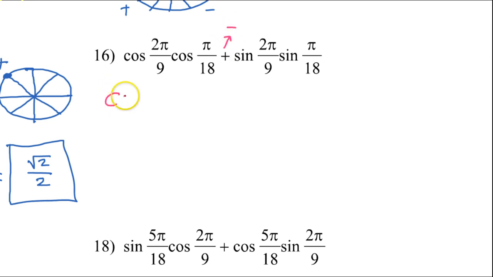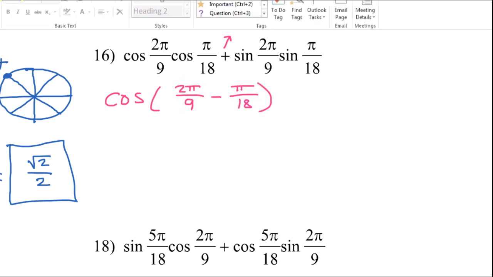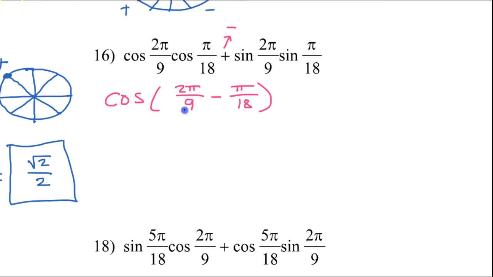So I should be able to rewrite this as the cosine of the first angle minus the second angle. So that'll be the cosine of 2 pi over 9 minus pi over 18. To do the subtraction, I need like denominators, so I'm going to multiply by 2 in the numerator and the denominator.